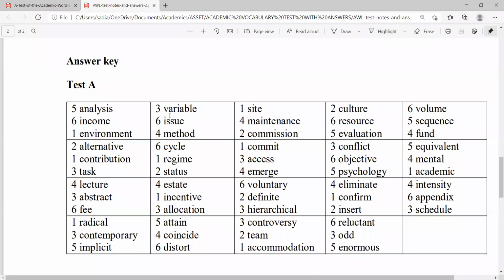For the second one, the answer is here. For the third set, the answer is here. Fourth set, fifth set, sixth set, seventh set, and so on. You may pause the video and self-evaluate the answers.